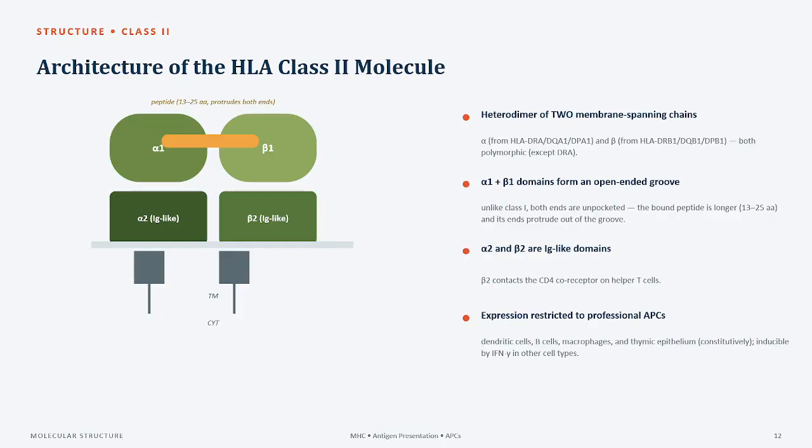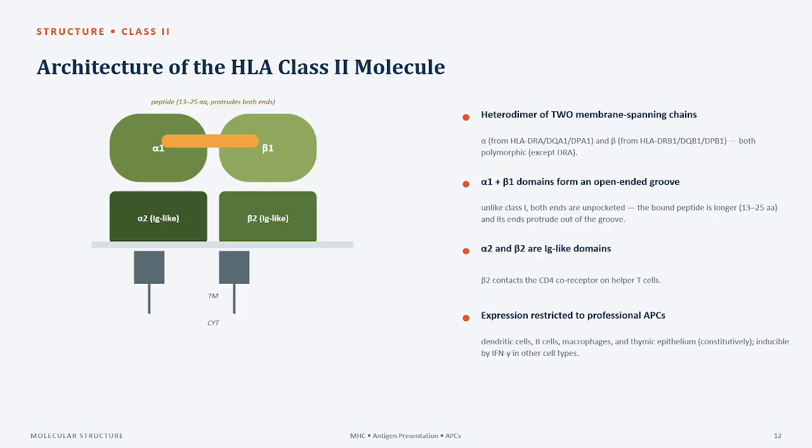Okay, so coming to the architecture of the class 2 molecule, HLA class 2. It also has two membrane spanning chains, a heterodimer composed of an alpha chain and a beta chain, and both chains span the cell membrane. For the domain organization, you have an alpha chain of alpha 1 and 2, and a beta chain of beta 1 and 2.